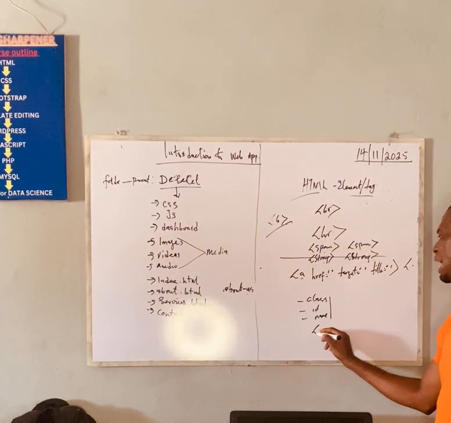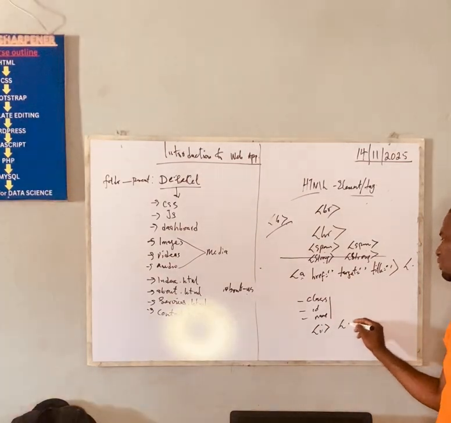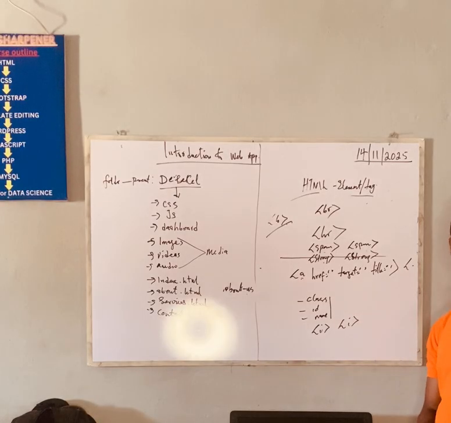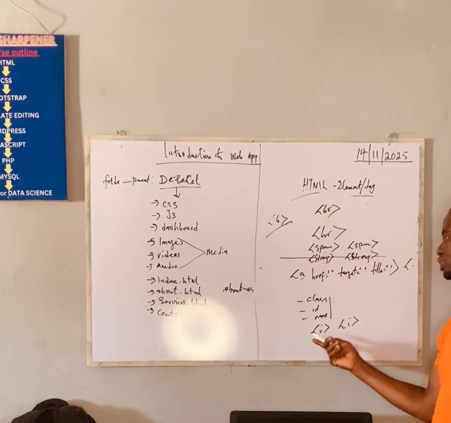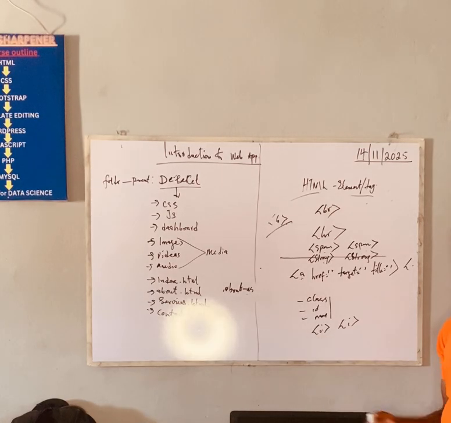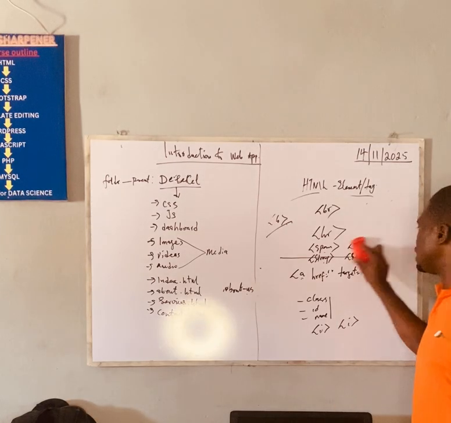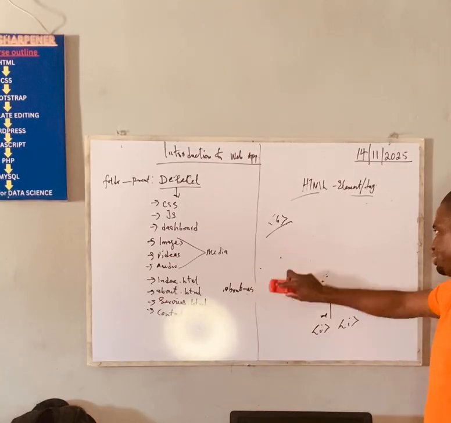You say I. I stands for italics. So you want to italicize what you want to display, you say I. And I is not a block tag. Are we together? Good.